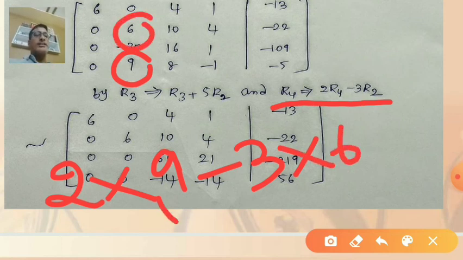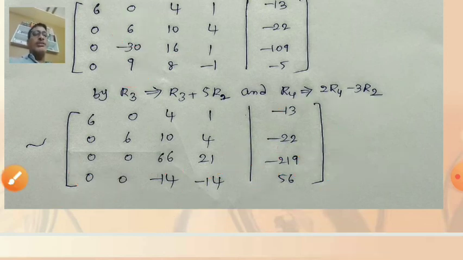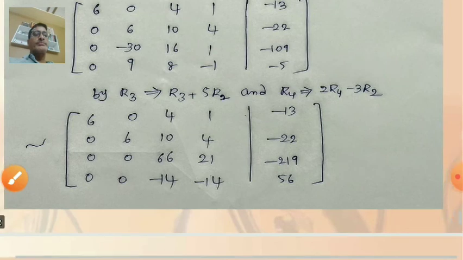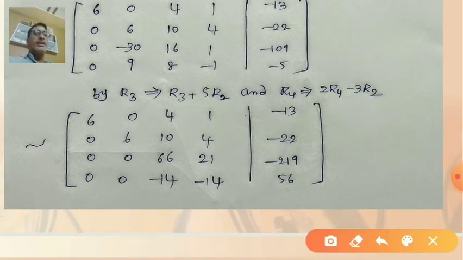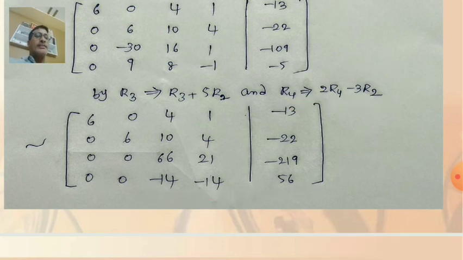You can get 18 minus 18, that is equal to 0. You can get 0 in this place. So by applying the same operations to these elements also, we will get like this.